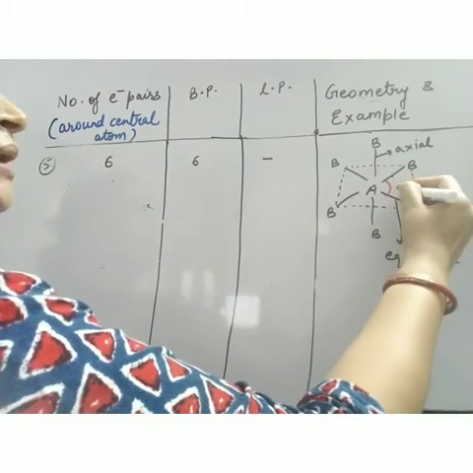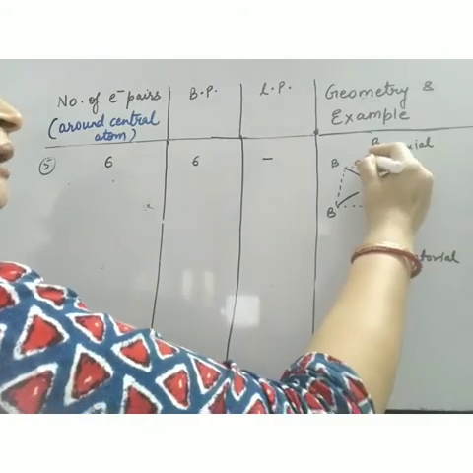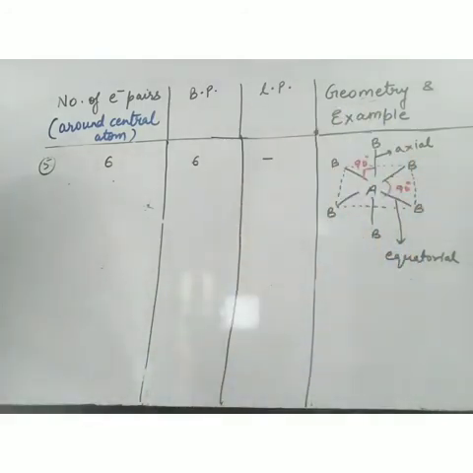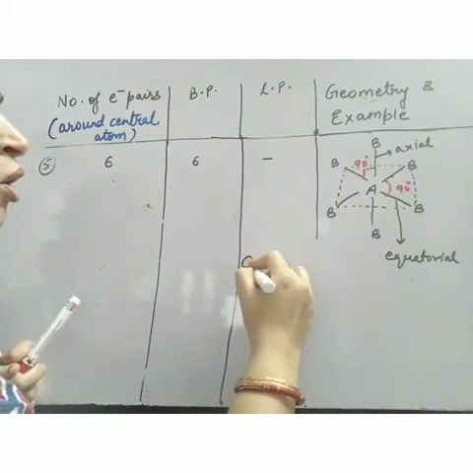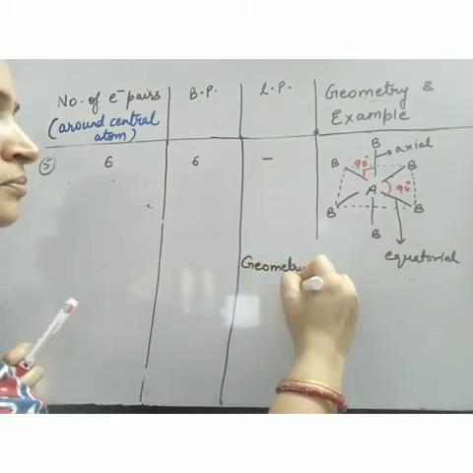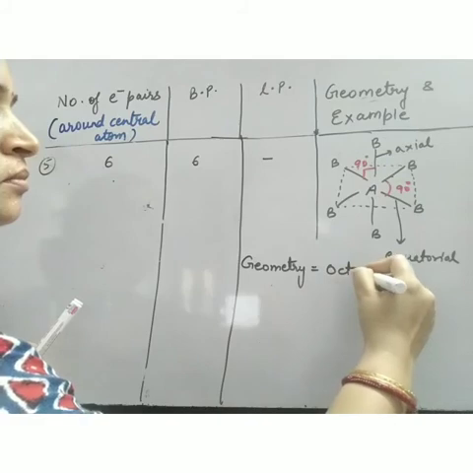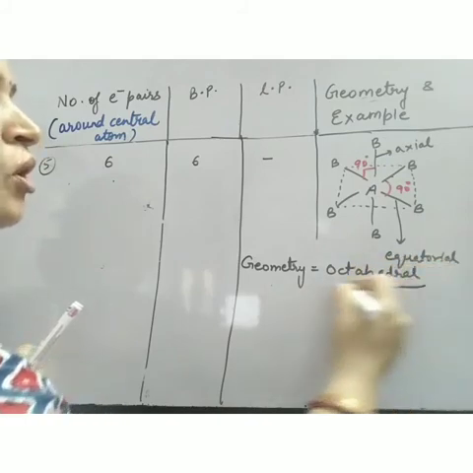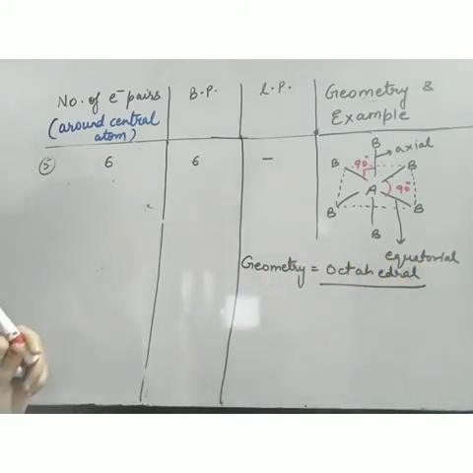This is also 90 degree and this is also 90 degree. So there are 4 equatorial bonds and 2 axial bonds. All the angles are 90 degree only. This geometry is known as octahedral geometry because it is in the shape of an octahedron.